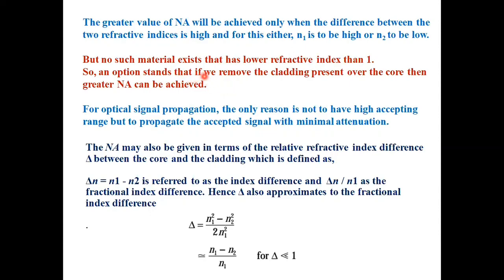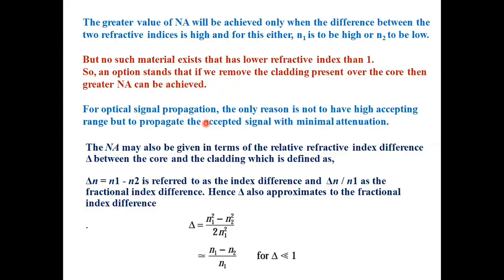So if we want this type of optical fiber without cladding, the cladding becomes air, so the fiber doesn't contain a cladding medium. In that case, with only the core medium, of course we get more numerical aperture and acceptance angle, but we also get more signal loss, which should be avoided. In order to avoid signal loss, we need to choose the core and cladding refractive indices carefully.